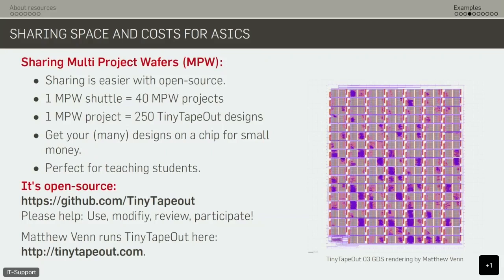And luckily, it's not only available as a service from Matthew, tinytapeout.com, the biggest parts of it are also open source. You can use it on your own, modify it, review, help and participate. That is the whole idea of open source.